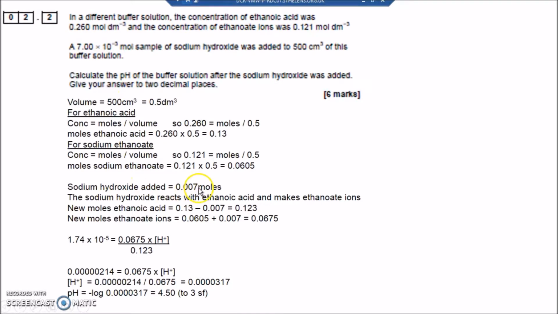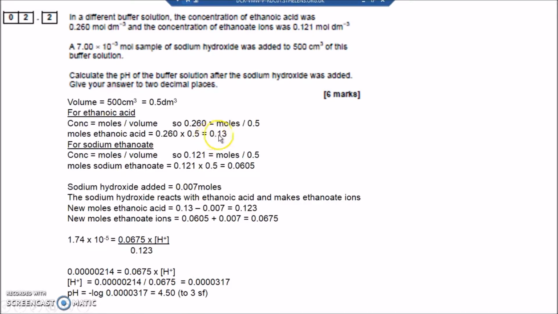Now what the sodium hydroxide does is it reacts with the acid. Because this is an alkali or a base, sodium hydroxide will react with the acid. So instead of being 0.13 moles, 0.007 moles of the sodium hydroxide have reacted with some of the acid.